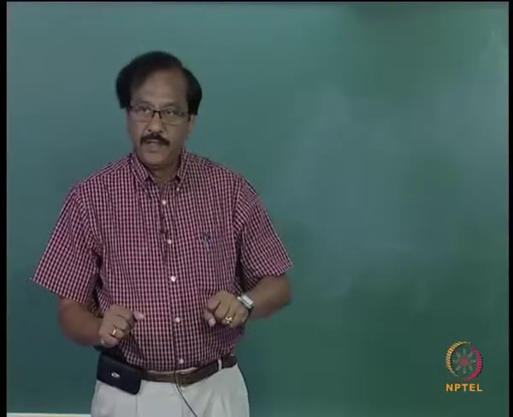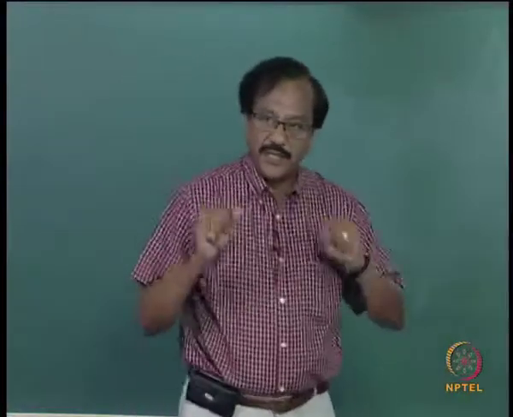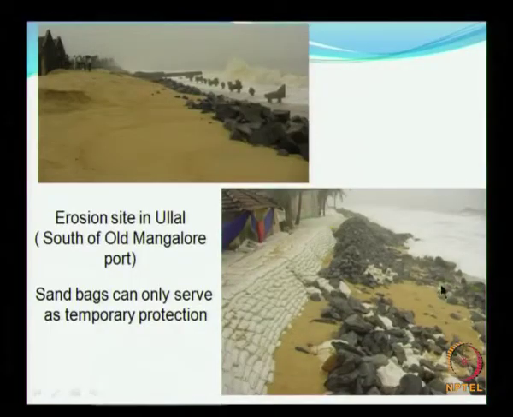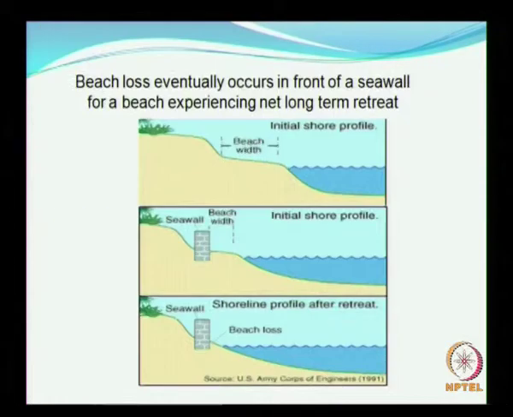But it has to be done carefully, because the seawall itself can be lost, as we have seen in the earlier case. All these things are remains of an existing seawall. So, if you do not do it properly, the entire seawall can again go into the ocean.